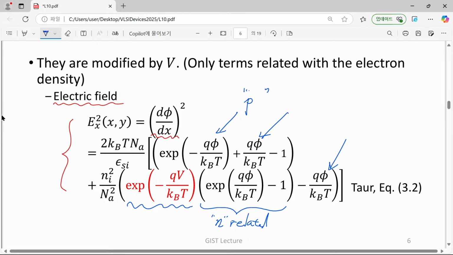Only the one related to electron density is modified with this exponential factor, and please note that this is once again only a y dependent one, not an x dependent one. So for a given slab, you can say this V is a given constant, a given number.